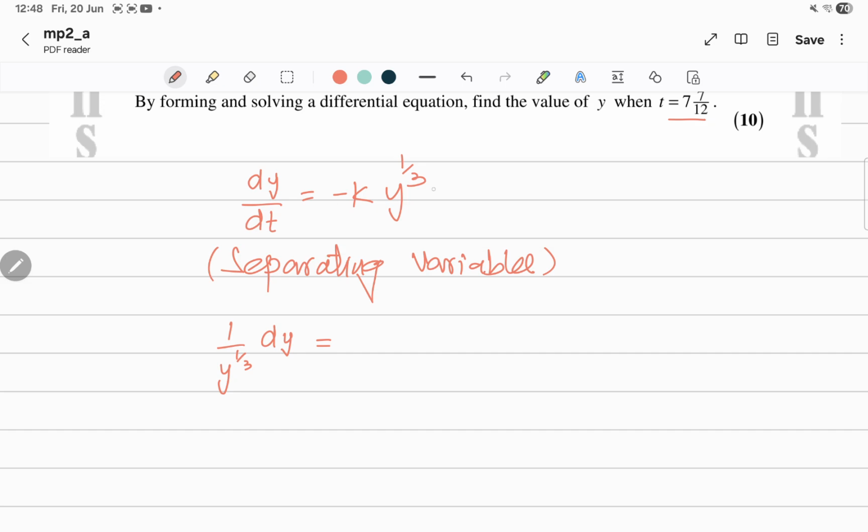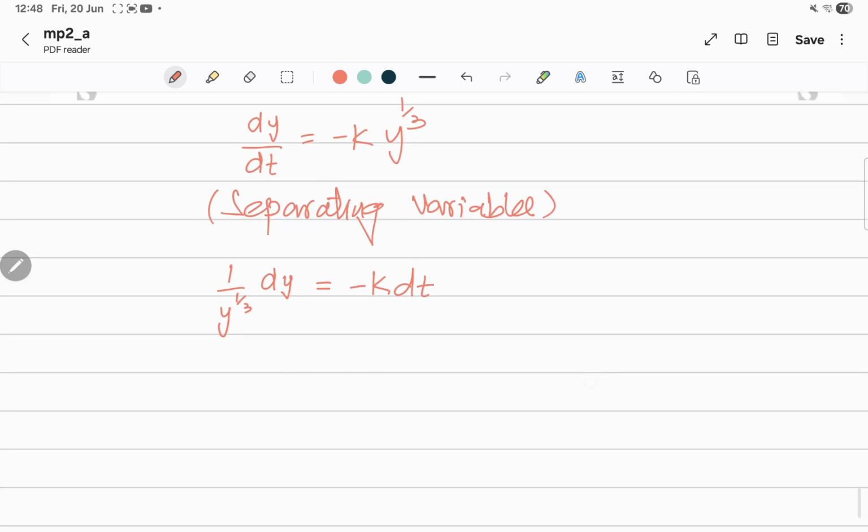And if you take this dt to the right, it will be minus k times dt. And if we take this y up, it will be y power minus 1 over 3 dy equals minus k dt.